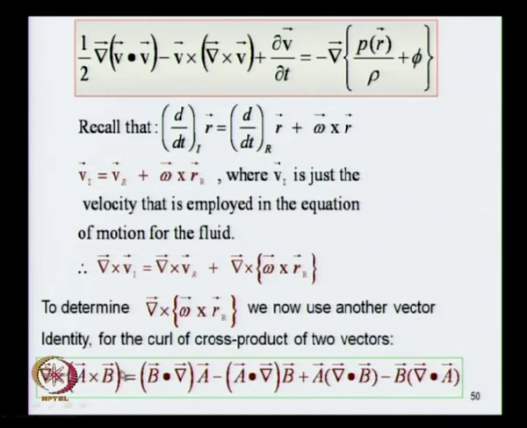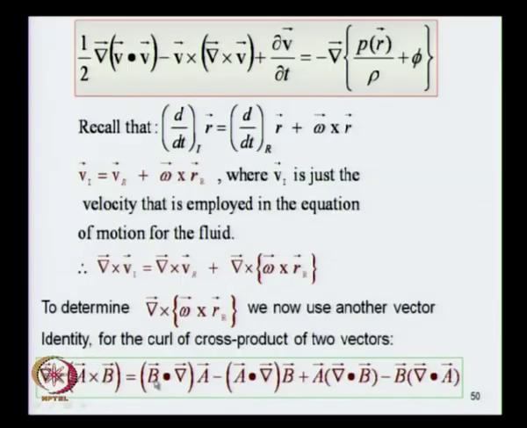We make use of an identity, which again I will not prove, but I have already discussed how to get the curl of a vector in any coordinate system. So, you can define the cross product of these two vectors in any coordinate system and take its curl in the corresponding coordinate system, and the right hand side will be completely independent of the coordinate system. So, the details are left as an exercise.